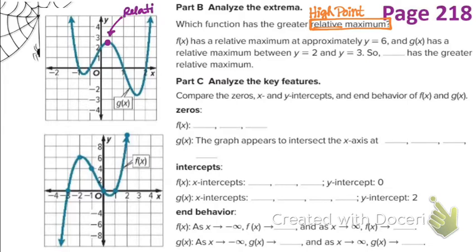Here's a relative max. What about on the other one? Does it have a high point at all? Yep. Where is its high point? 6, -2. Yes. Actually, we'd say the x part first. So here's our relative max here.